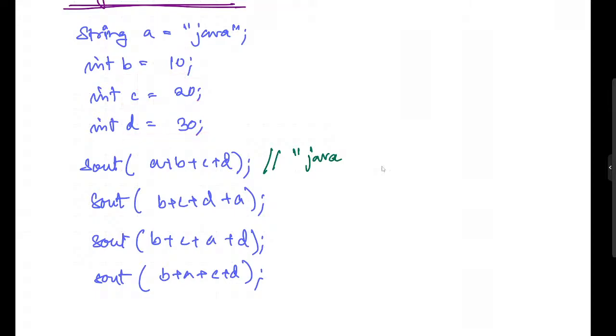What will happen if I do a plus b plus c plus d? It's Java plus 10 plus 20 plus 30. You will get Java 10 20 30.